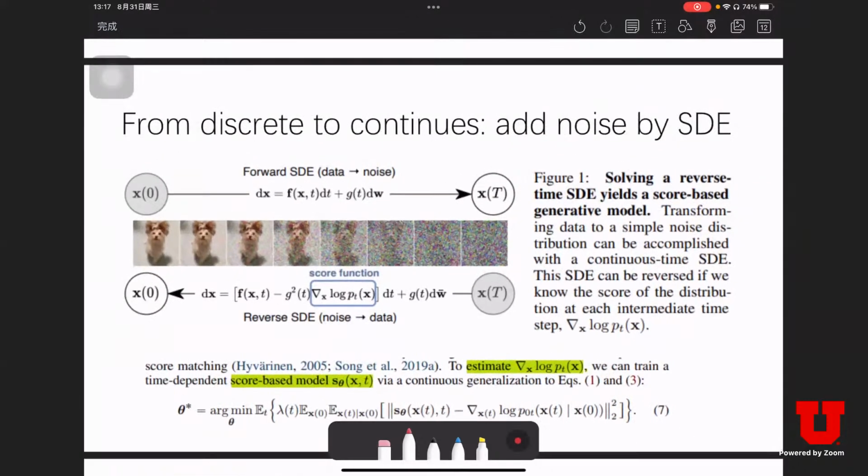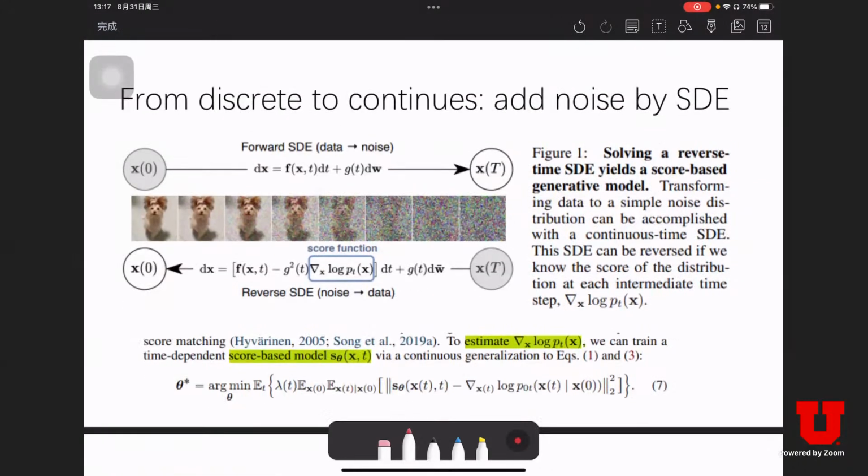But first, I want to introduce a generalized framework to unify the diffusion models we introduced in the morning. If we recall, in diffusion models we start from our data to a noise, we build our Markov chain, and we do the transition step by step.